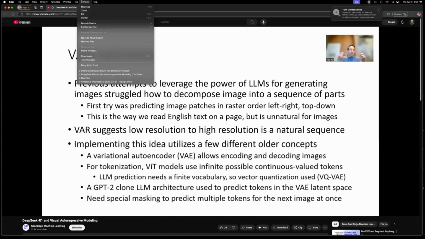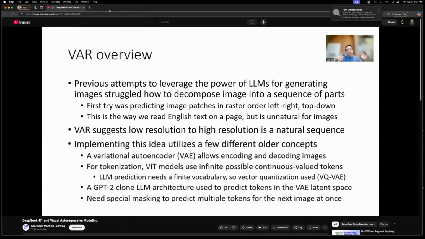So you may have a 16 by 16 patch and you project it to a length 128 vector of floats. There's infinitely many possible length 128 encodings because it's just floating point. So what we really want in order to use our LLM-like transformer for prediction, we need a discrete vocabulary, just like language models may have a vocabulary of 30,000 tokens or 50,000 tokens or something like that.